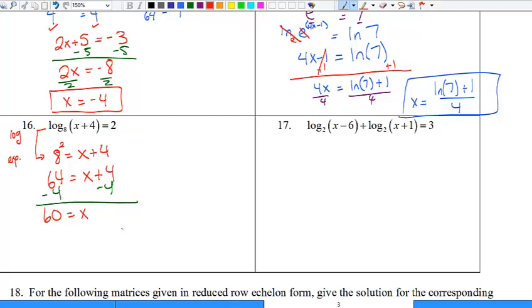Okay. Now I did say that you have to check this. So when I check, I'm going to be plugging in 60 into the x. So I have log base 8 of (60 plus 4) is supposedly equal to 2. Now, I don't actually have to check everything. All I'm really checking is that 60 plus 4 is not negative.